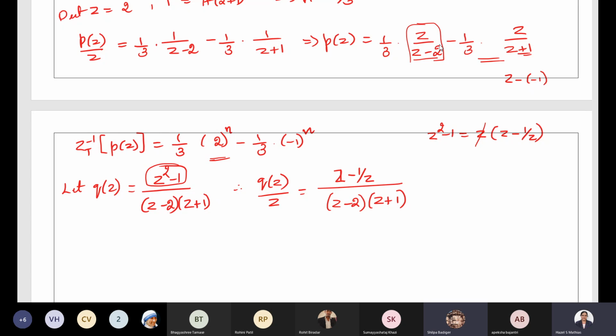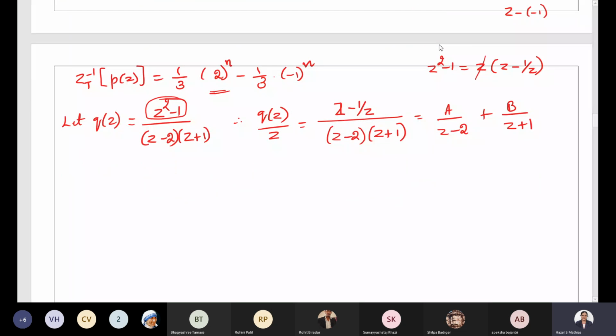I have divided by z on both sides. So in the numerator z square minus 1 is there. If you take z outside, z minus 1 by z remains, so z you can cancel out. Now this you can write as a by z minus 2 plus b by z plus 1. Then multiply the entire expression by z minus 2 into z plus 1.